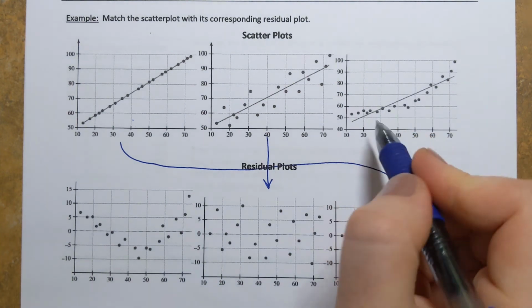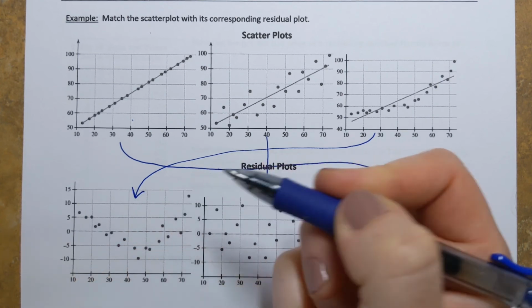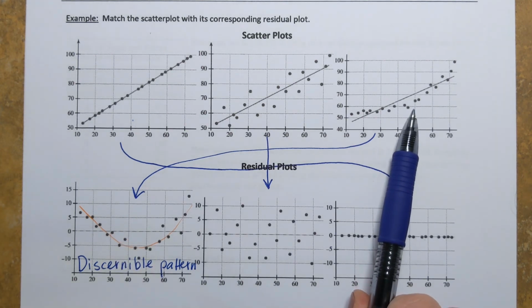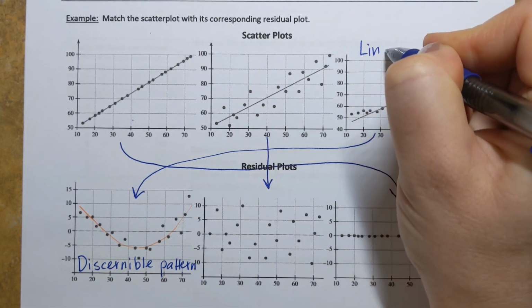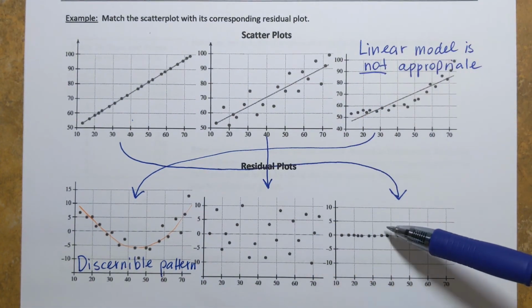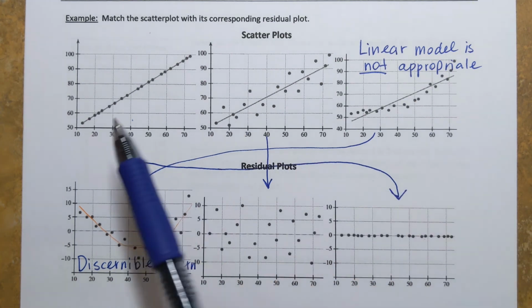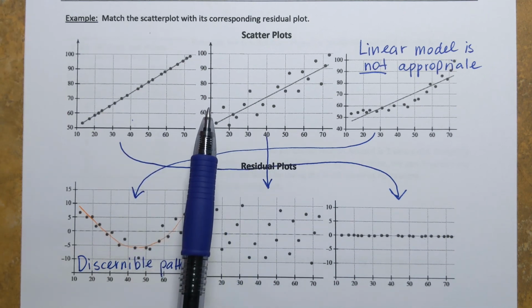So that's the corresponding residual plot, and the discernible pattern of this residual plot confirms that the linear model is not appropriate for this bivariate data. The other two residual plots, since they didn't show any discernible pattern, confirm that the linear model is appropriate for the first two bivariate data sets.